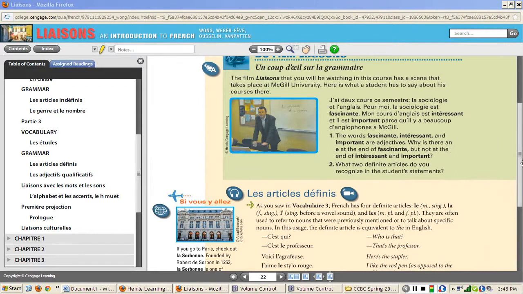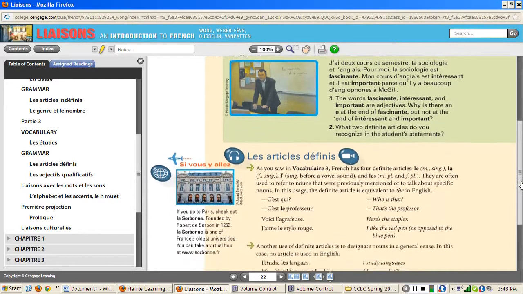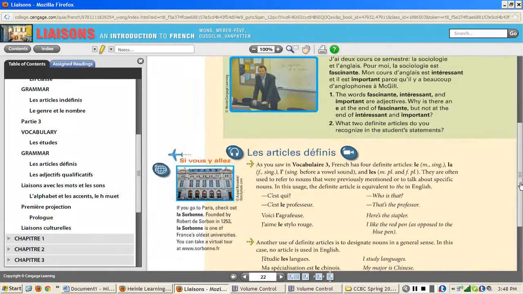For a clock, we saw une horloge. For a pen, we saw un stylo. And that un, une also helps us number. It's one. The definite article also tells us if the noun is feminine or masculine or plural.